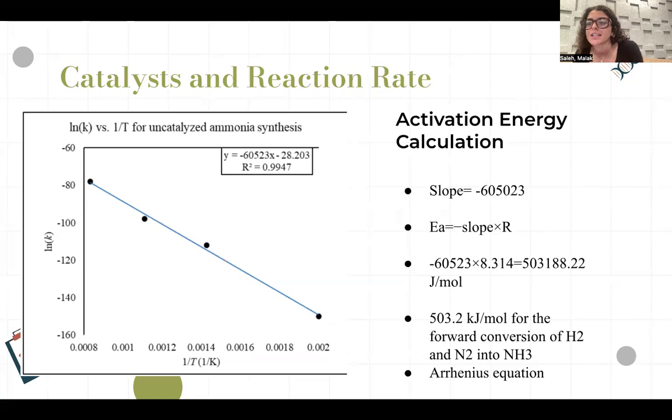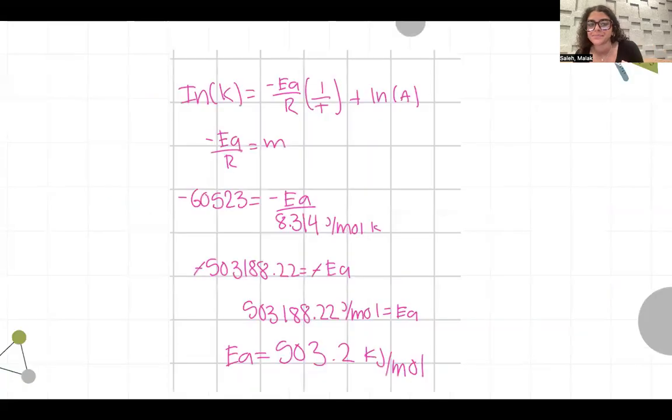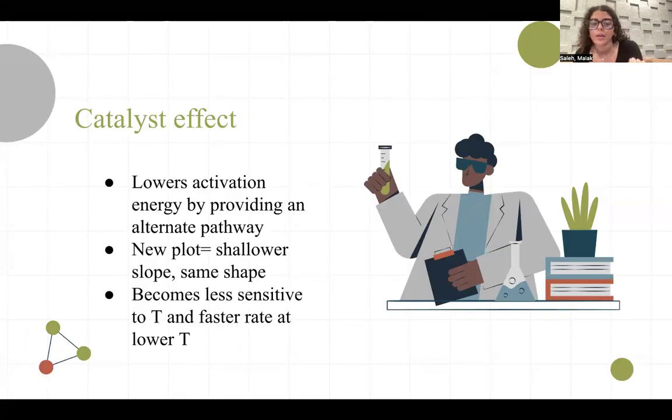Without a catalyst, the temperature would need to be so high that the reaction would be thermodynamically unfavorable. So it becomes less sensitive to temperature, with a faster rate at lower temperature. The slope is going to become shallower, but it's going to be the same shape.